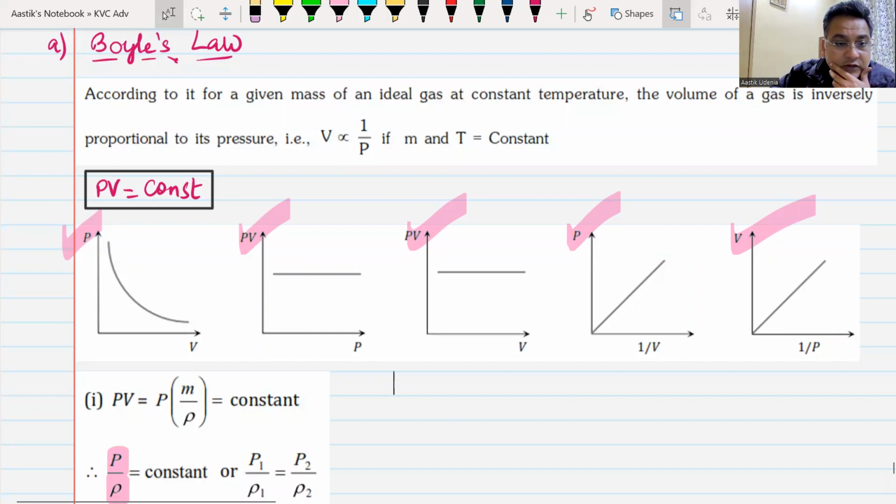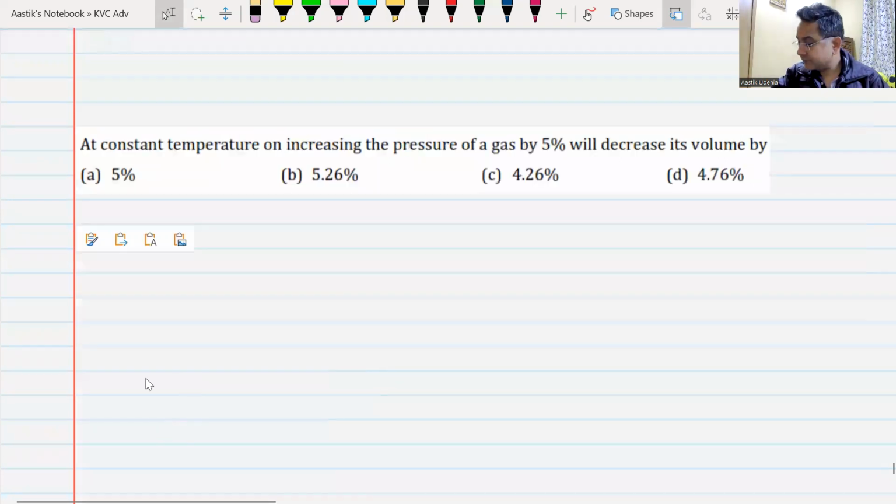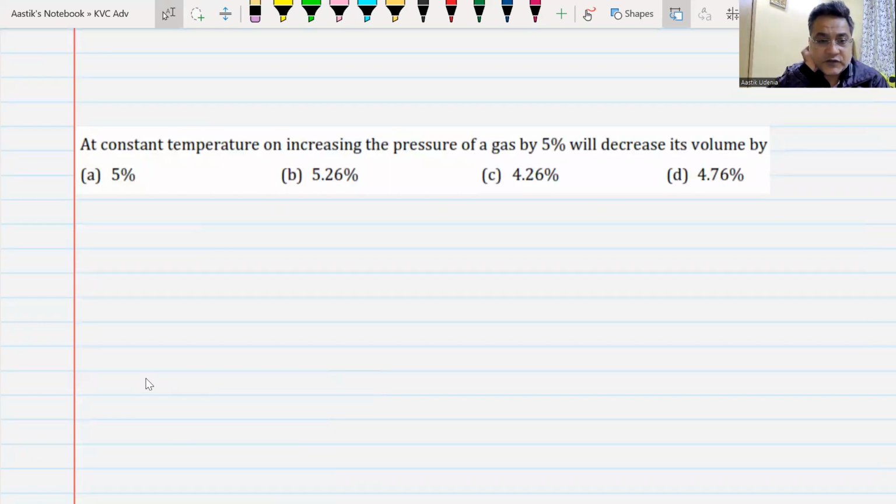Now we can solve this question. This one. At constant temperature, on increasing the pressure of a gas by 5%, what will be the decrease in volume?